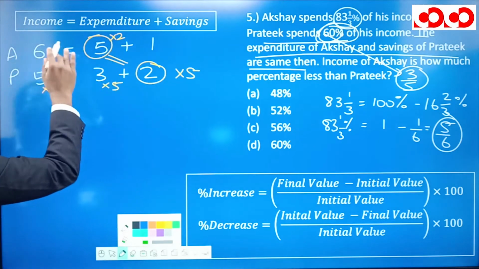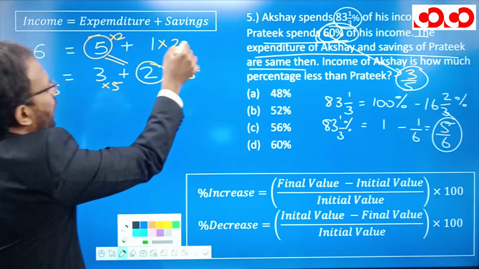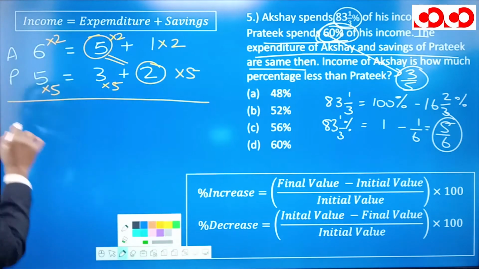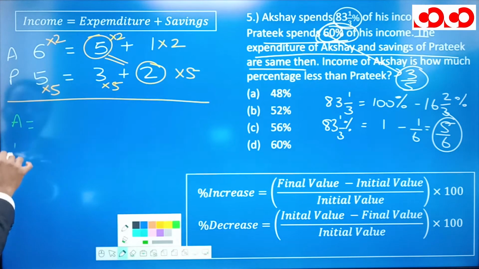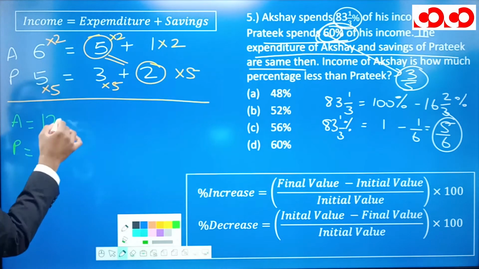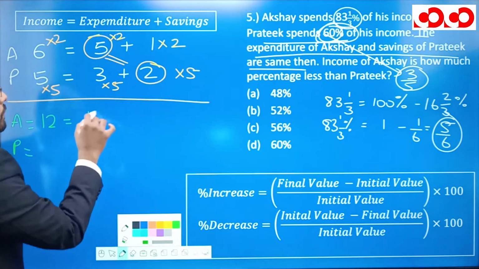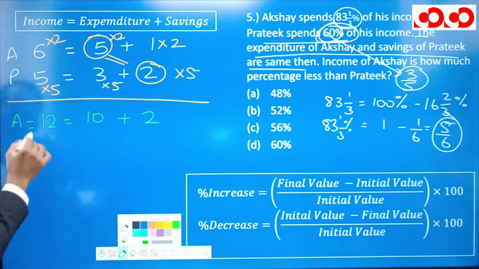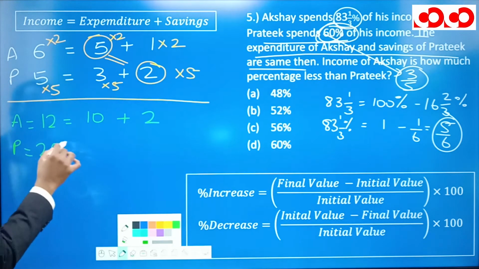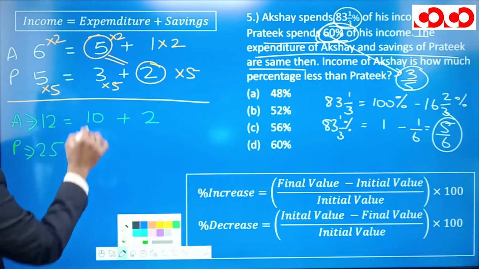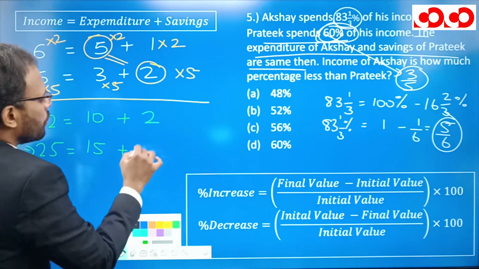And if I'm multiplying 2 here, all through I have to multiply 2. Now this is perfectly all right. For Akshay, the income is 12, expenditure is 10, which is 83 1/3%, and savings is 2. For Pratik, the income is 25, the expenditure is going to be 15, and the savings is going to be 10.